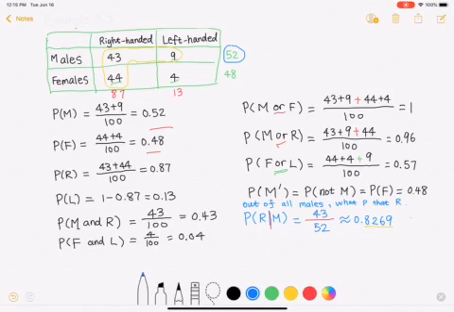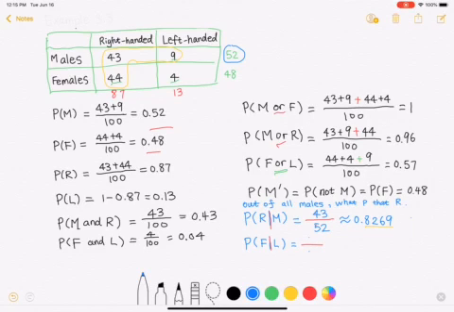Now the next example is to find the probability of female given that the person is left-handed. Again, this line is telling us to draw a division line. The top should be female, but the bottom should be left-handed, and you always go from the bottom first.